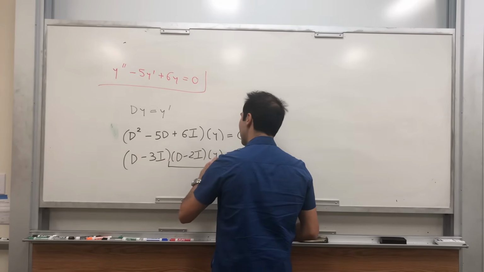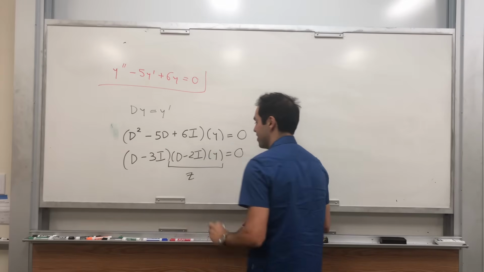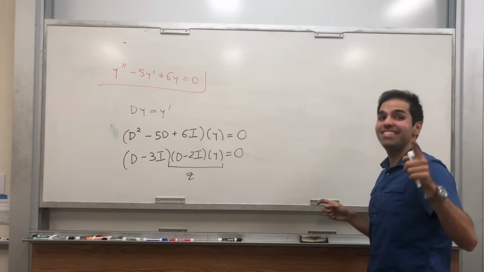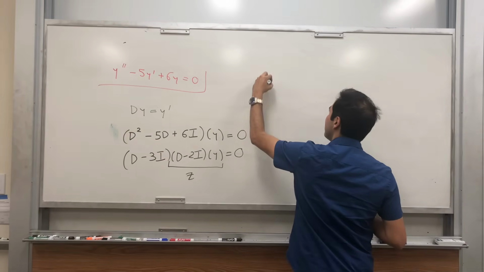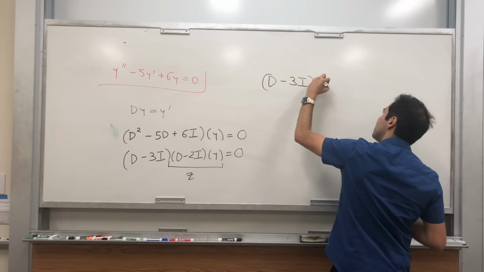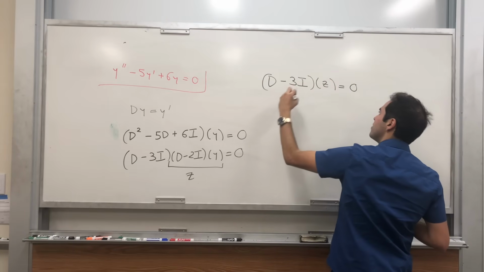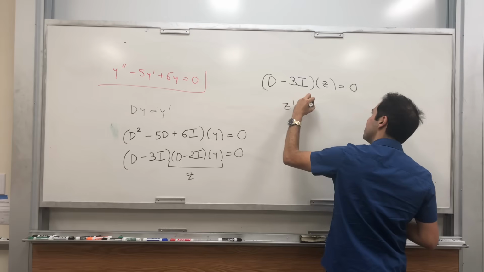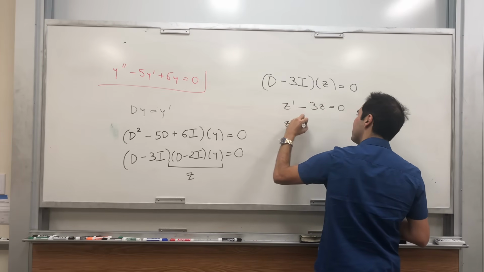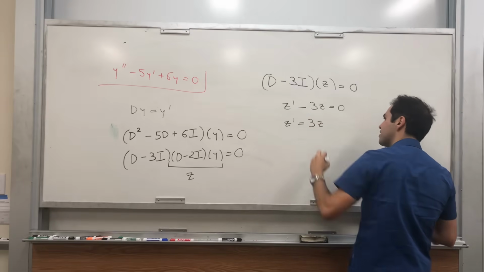And now here's a cool thing. Let's call this z. Then it turns out z satisfies a very easy differential equation because we just get (D minus 3I) z equals 0. So z prime minus 3z equals 0. So z prime equals 3z.